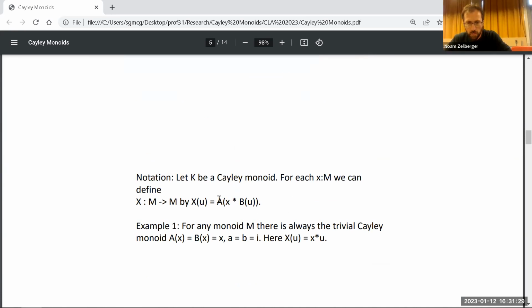In lambda terms, that's the application of CII, C star star, X, the usual composition, and this is the application of BDU.